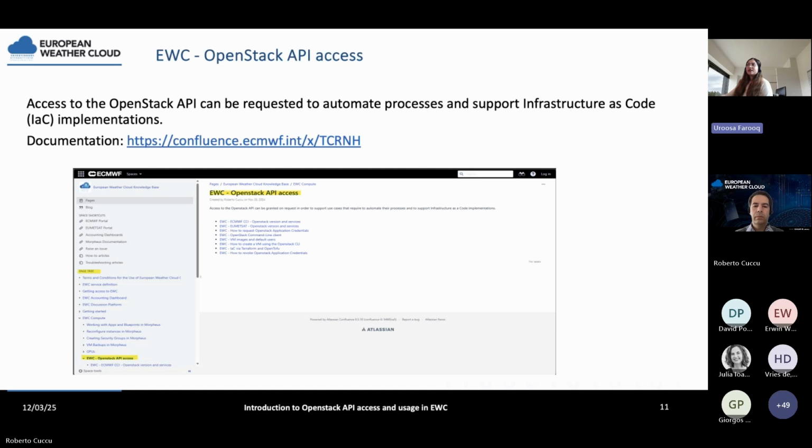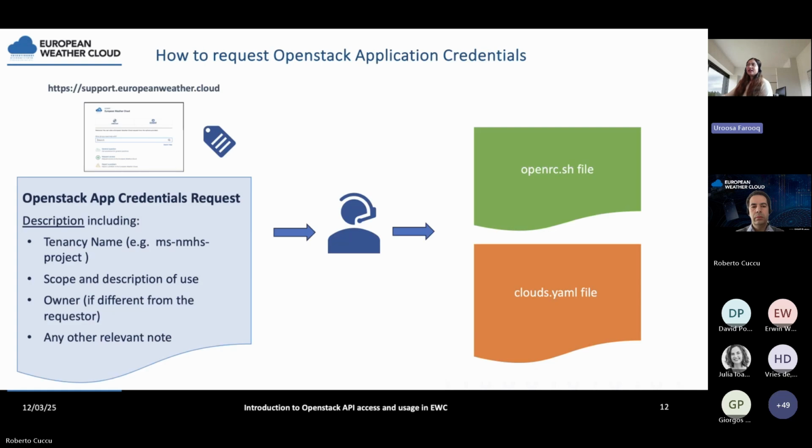You can find the full documentation on how to request API access and get started with automation through the link shown in the slide, which will direct you to the relevant Confluence page. This is an excellent resource if you're looking to dive deeper into the OpenStack automation capabilities. So, moving on to the next slide.